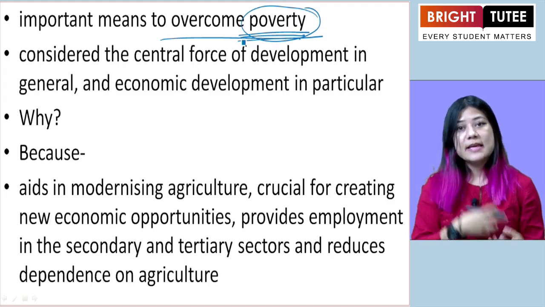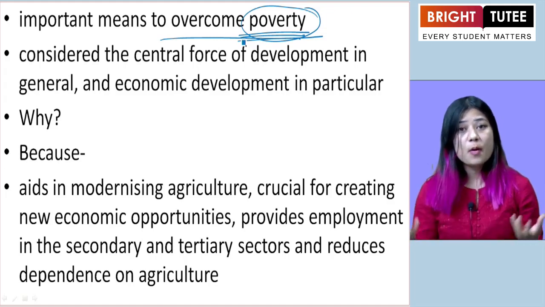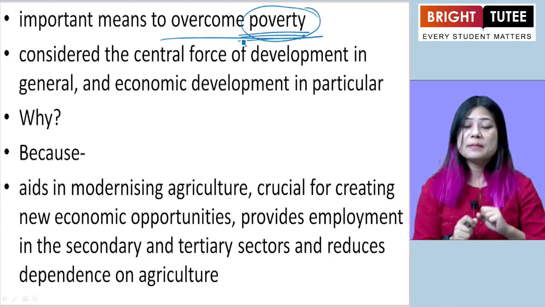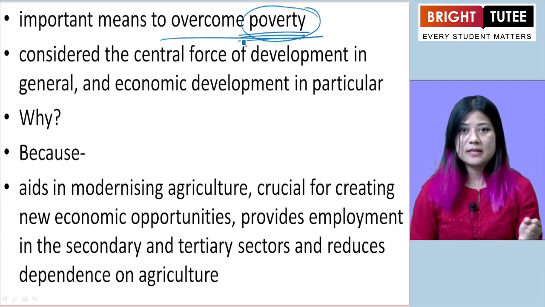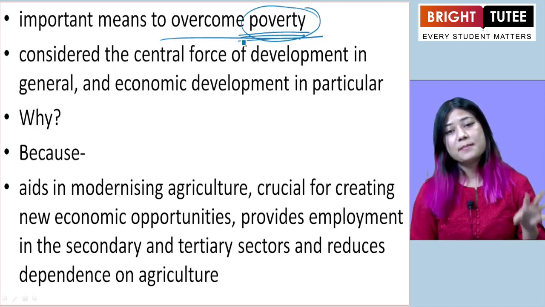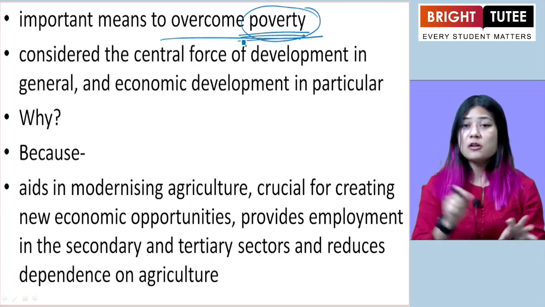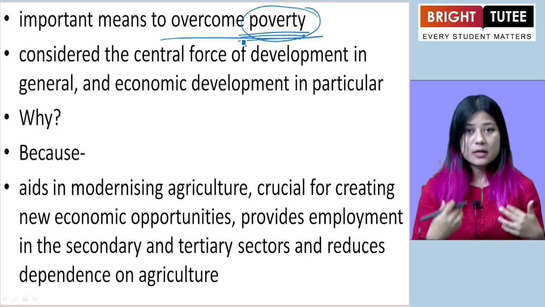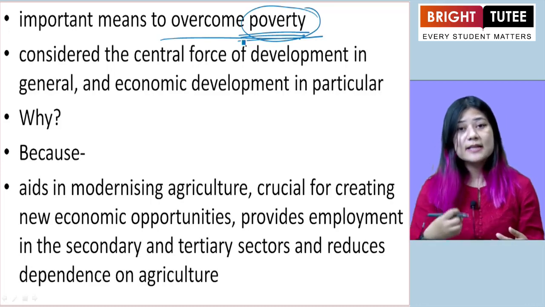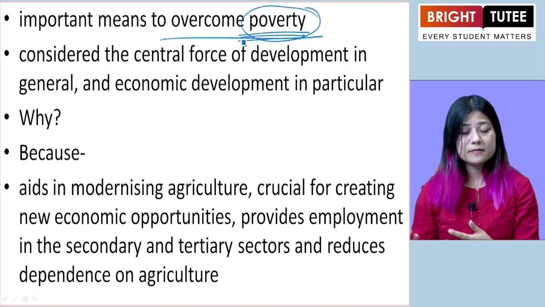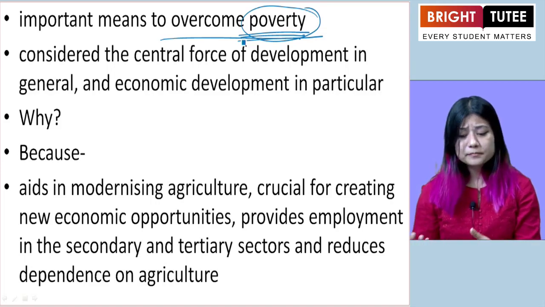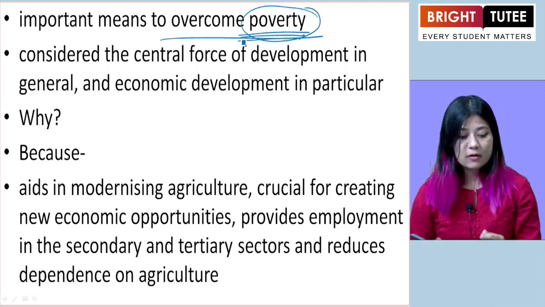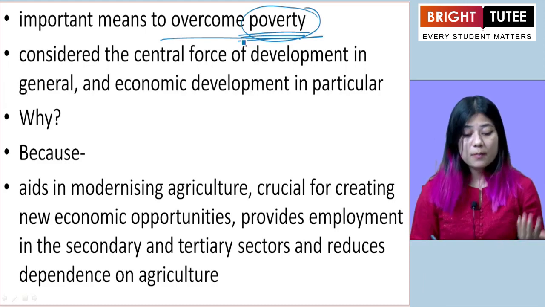How do they help? They create employment, job opportunities which people can be part of. People can take the jobs created by manufacturing industries, and by working in the industrial sector, they earn their monthly income, and that helps in sustaining themselves, in improving their livelihood, in making sure that they have a good standard of living. Alright, that is how they overcome poverty.